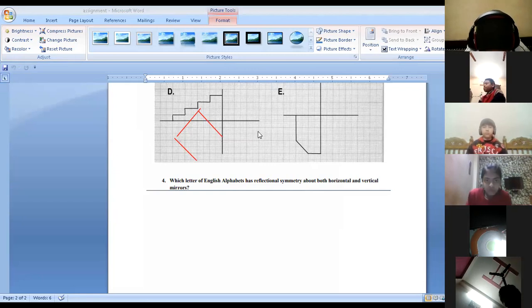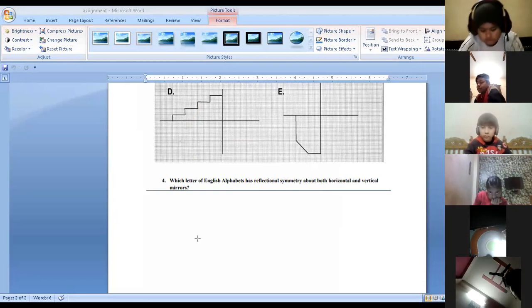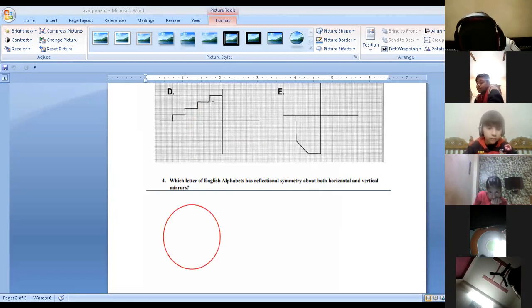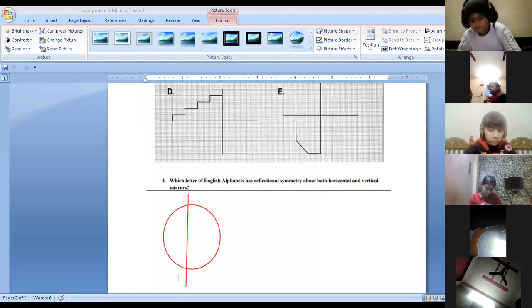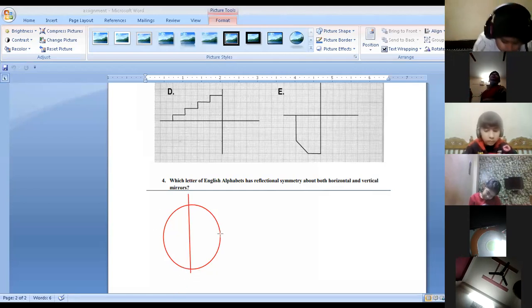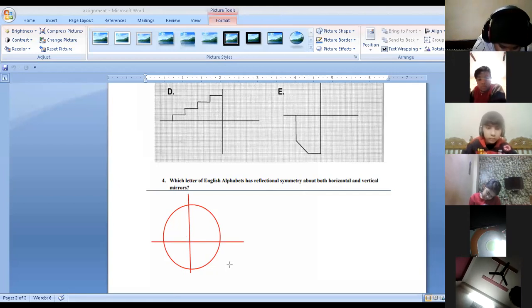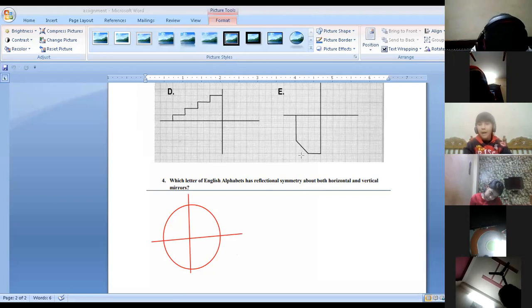Suppose first alphabet is O. Now what you have to draw? You have to draw vertical line of symmetry in an alphabet and horizontal line of symmetry in an alphabet. So there are some alphabets which are having both line of symmetry, horizontal and vertical. Clear? So in this way you will be doing question number 4, children.